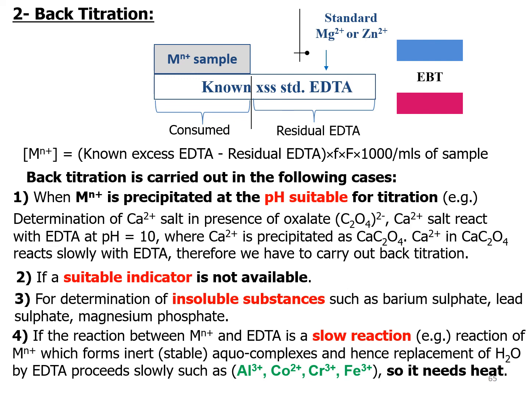And here we need replacement of the water by EDTA. The process needs heating and vigorous shaking, as with the metals aluminium, cobalt, chromium, and ferric. So this reaction will need a back titration method.